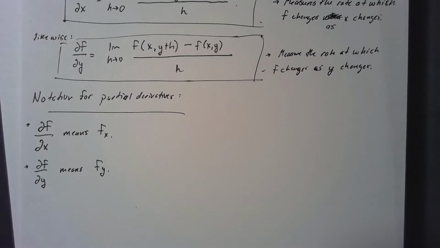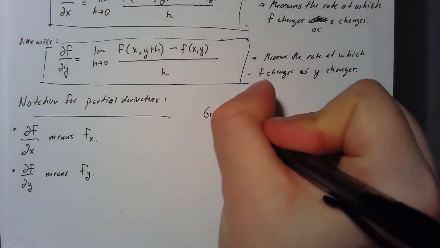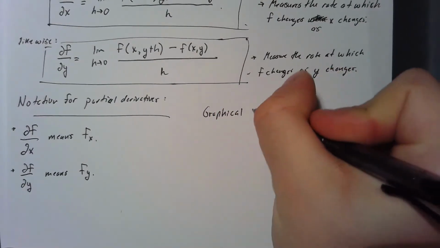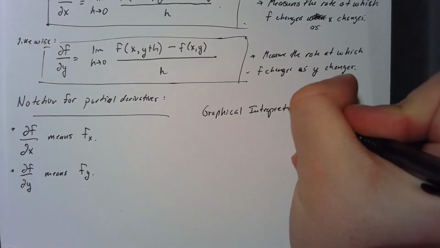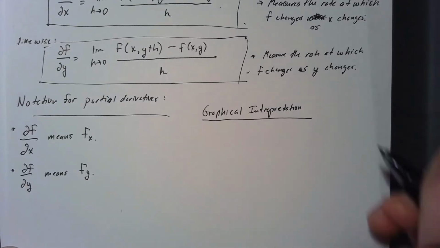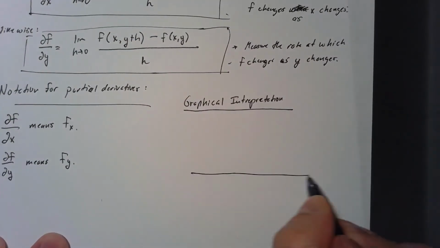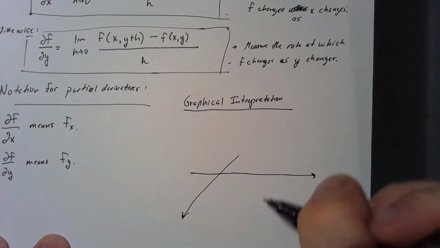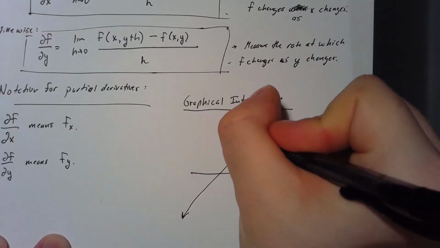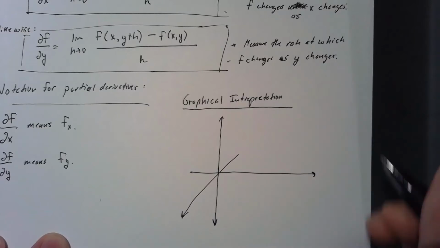It's really hard to illustrate this graphically, but I'll try my best. A graphical interpretation of a partial derivative. So if I make the usual coordinate systems, right?